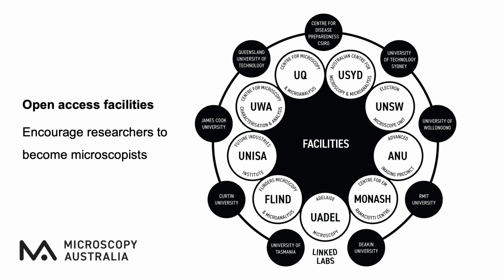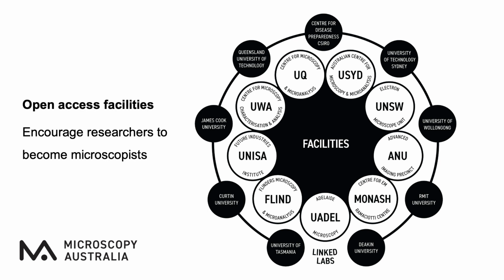To give you a bit of a background of just who Microscopy Australia is and who are we to be making training resources. So this is just a bit of a map of our facility. We have our major facilities here at the research intensive universities around Australia.